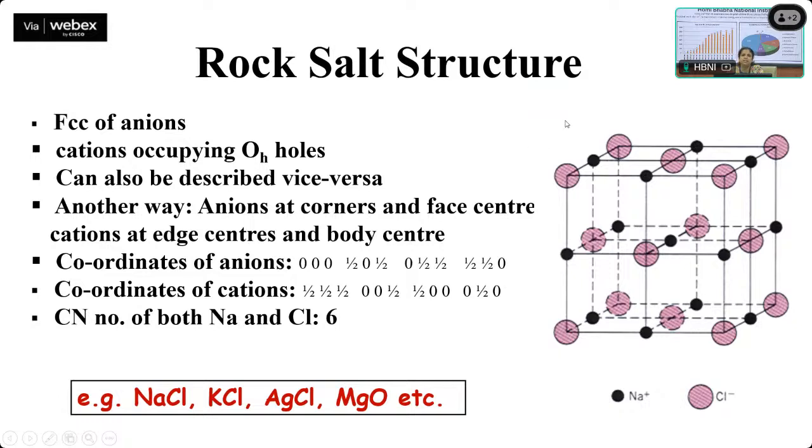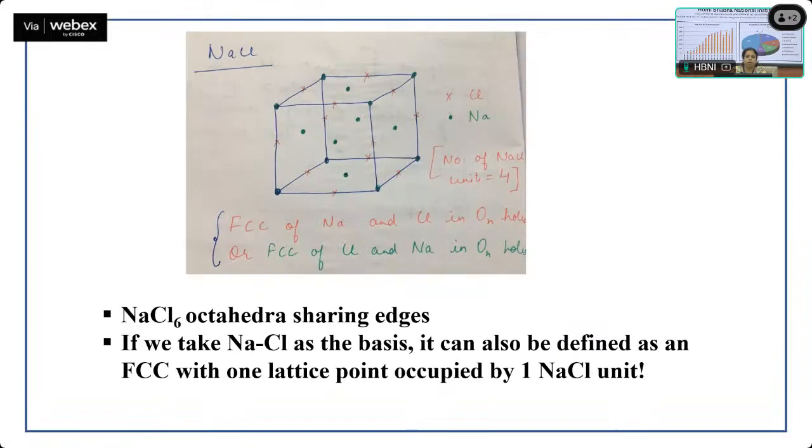So 6 again. So the coordination number of both sodium and chloride is 6. Some of the compounds that adopt this structure are NaCl, KCl, AgCl, MgO and so on.